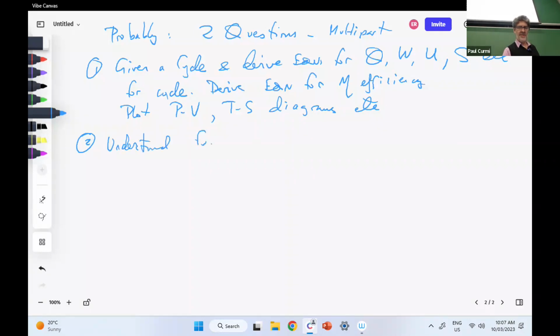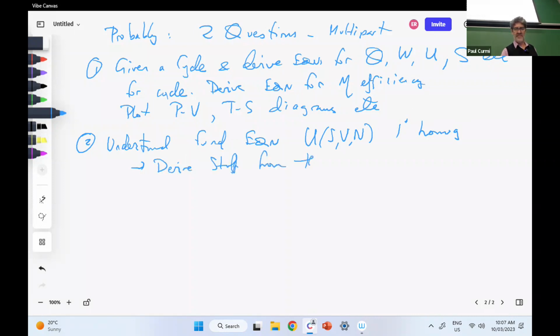2, you've got to understand a fundamental equation. So either U(S,V,N) or the other one, and first order homogeneous. And you need to be able to derive stuff from this.